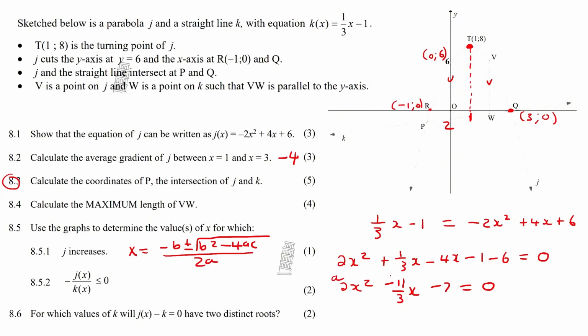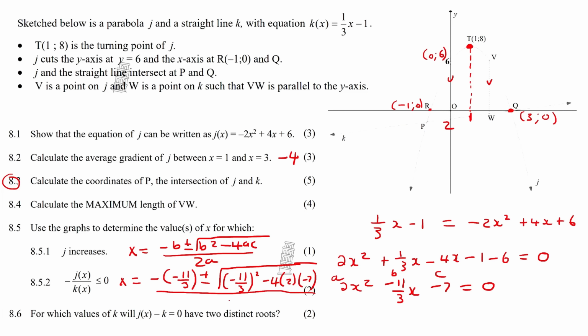This would be my a, this would be my b, and this would be my c. So the teachers want to see you fill that in. So b is negative 11 over 3, and then once again, negative 11 over 3. a is 2, and c is minus 7. And then at the bottom, we have 2 times a, which is 2.